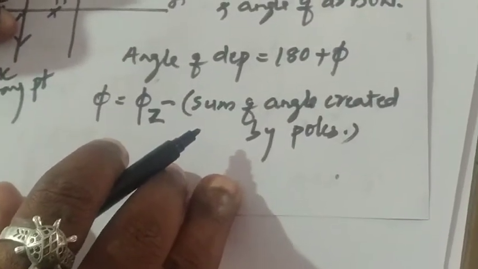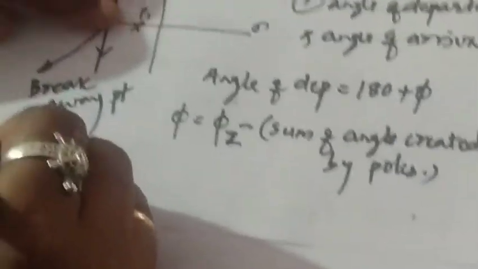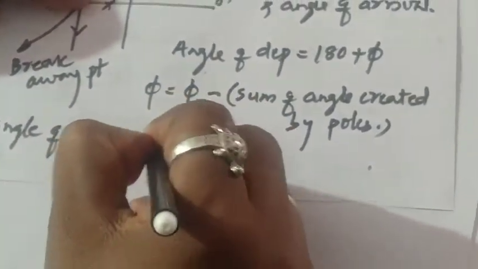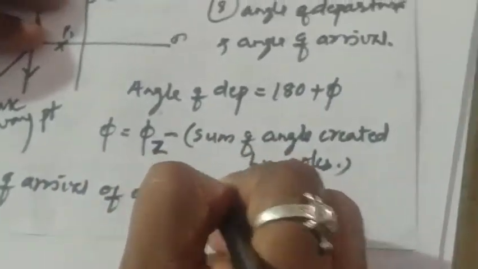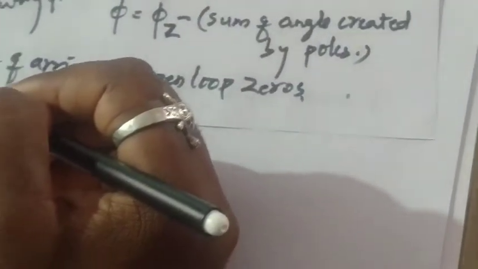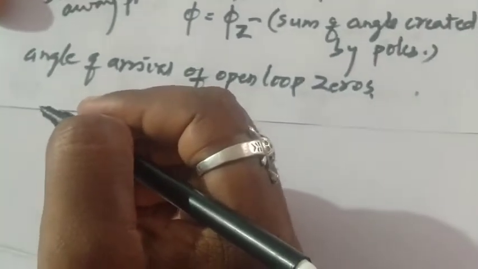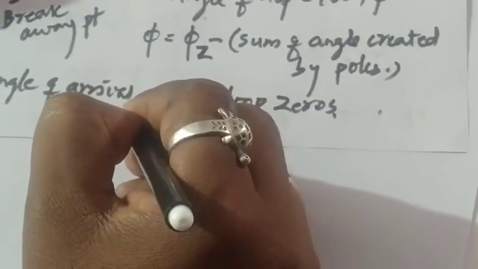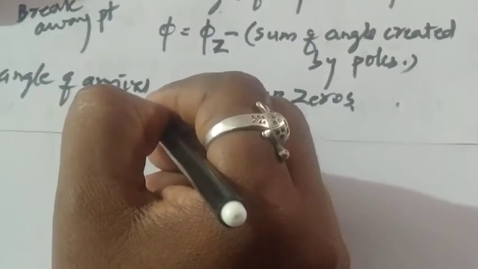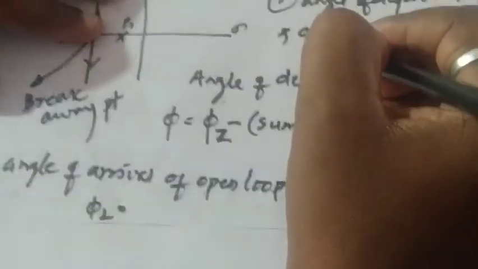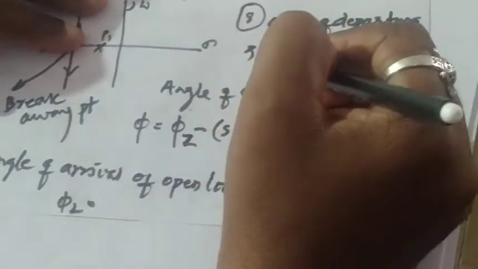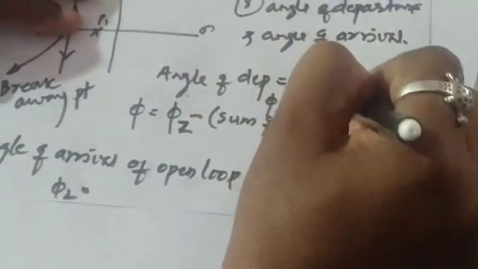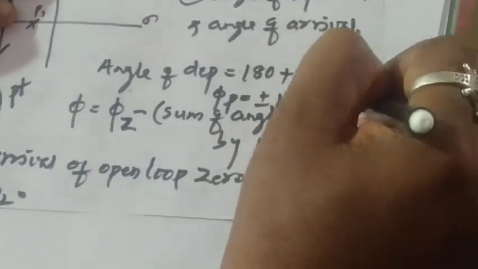Similarly, the angle of arrival of open loop zeros is given as phi z equal to 180 plus phi p, and also here you can represent phi p equal to plus or minus 180 degrees (2q plus 1) into pi.